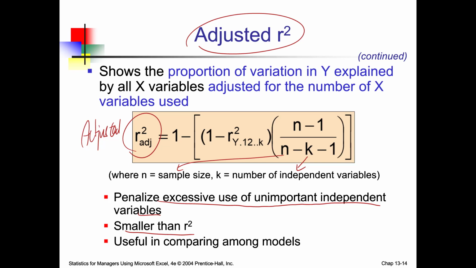Matter of fact, it's very useful in comparing different models, especially models using different numbers of independent variables. Adjusted R squared helps us identify which model is better or more effective.